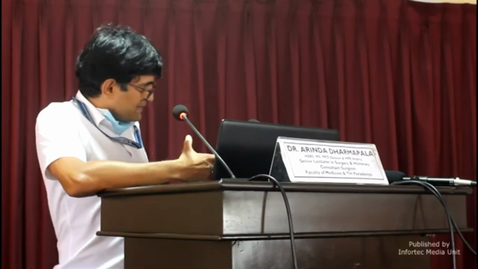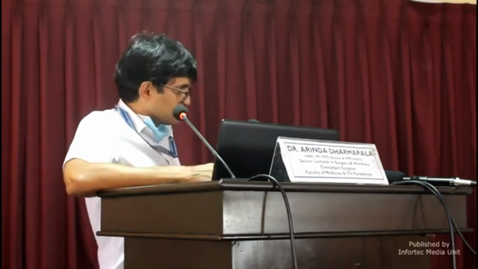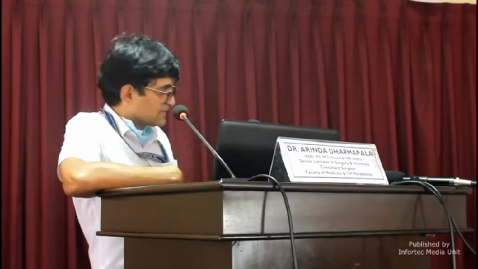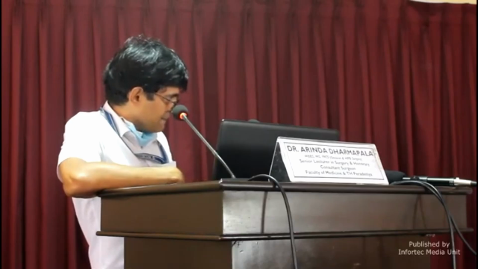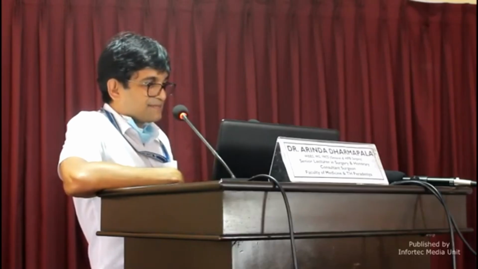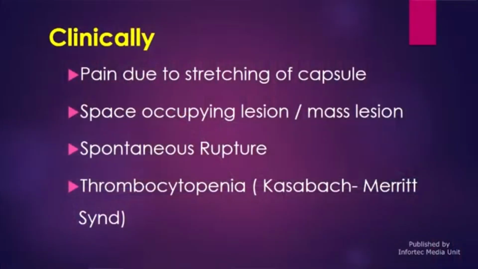Symptoms mean they will have very vague pains, because these big lesions can stretch the capsule and cause some pain, some discomfort, and sometimes they can even cause bleeding. So these are the clinical symptoms if they present.